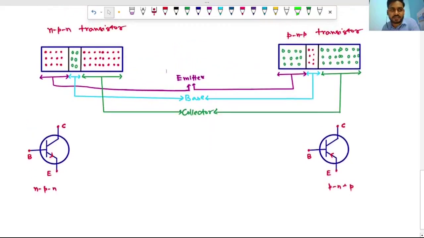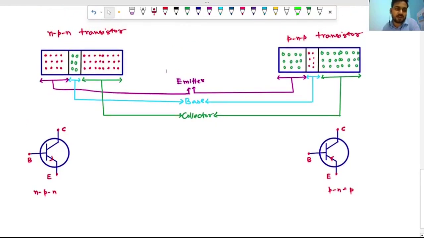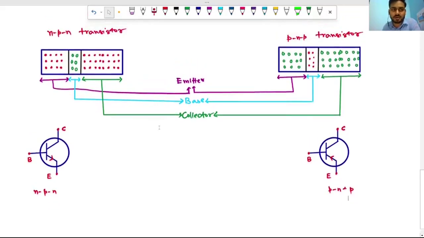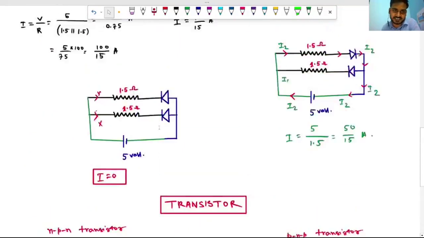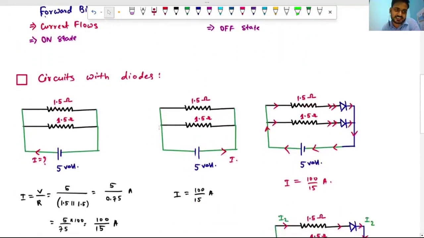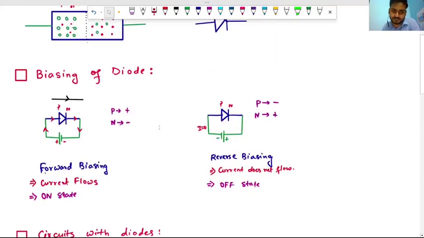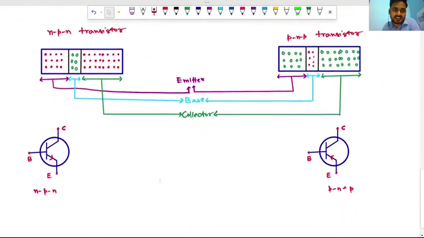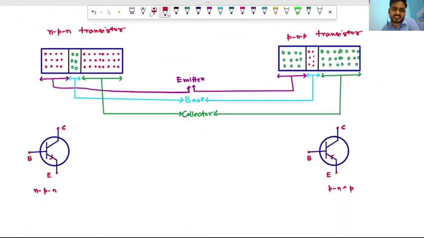Now we will not go into the mechanism of this transistor. This is lengthy as well as time taking. So we will go on to biasing of the transistor, like we discussed biasing of a diode. It is forward biased, it is reverse biased. See here, as in the case of a transistor, here also we can see there is a junction.